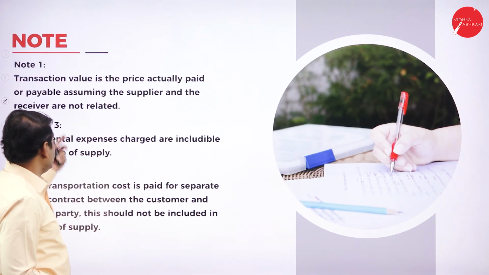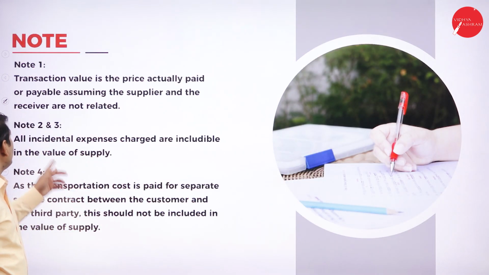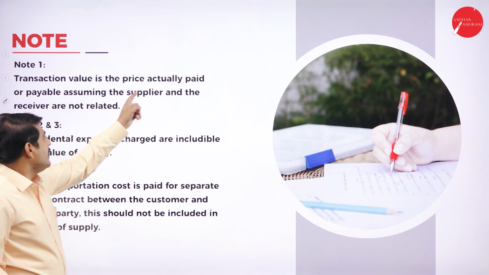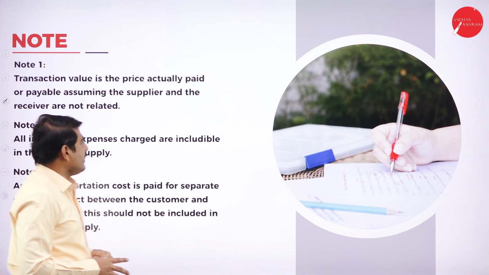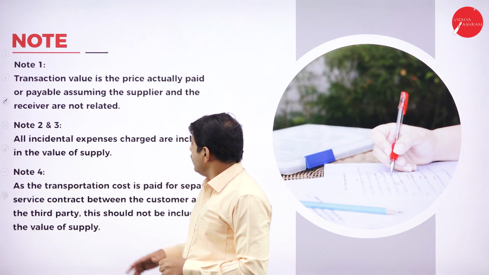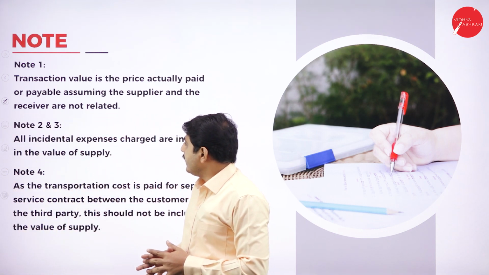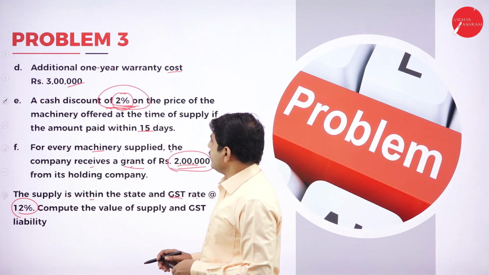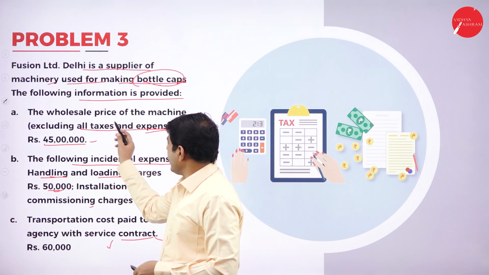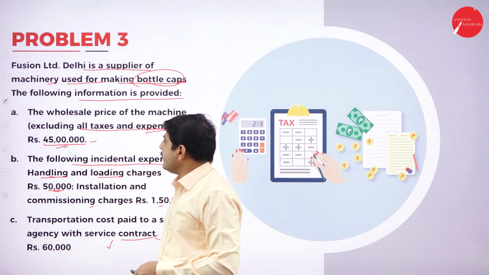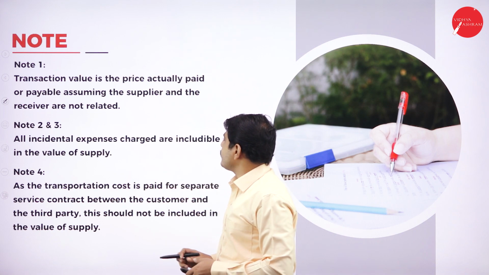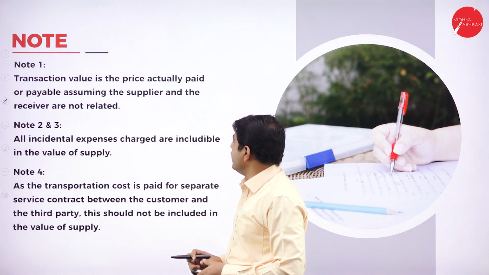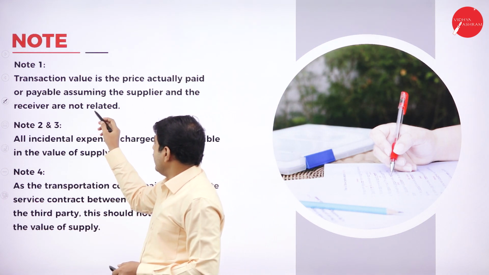Now see, this is the note we can give. First one, transaction value is the price actually paid or payable assuming the supplier and the receiver are not related. So that's why here, first one, the wholesale price. The transaction value is the price actually paid or payable assuming the supplier and the receiver are not related.